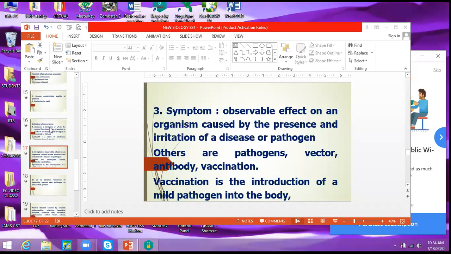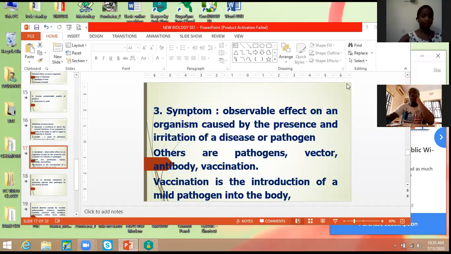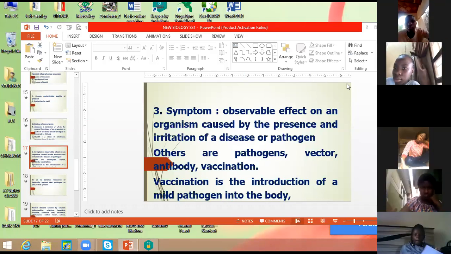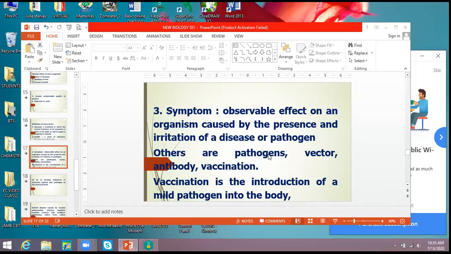So we've talked about disease, health, and symptoms. Other terms used under this topic are pathogens. Pathogens are harmful microorganisms, so you can write that, please. Please explain or define pathogens.